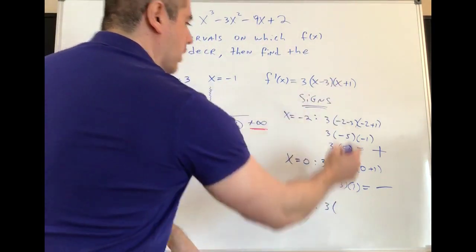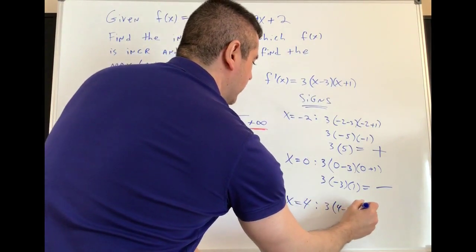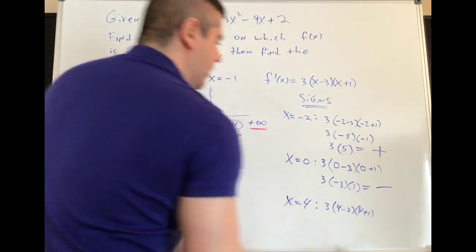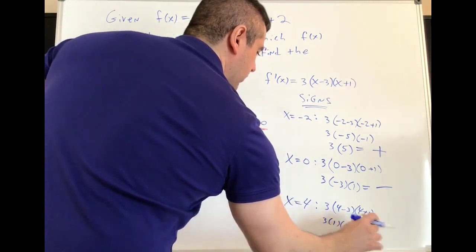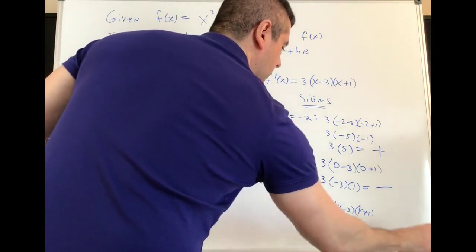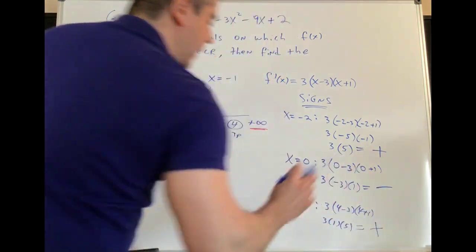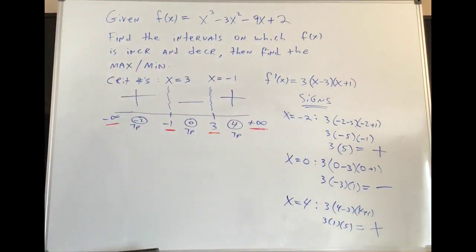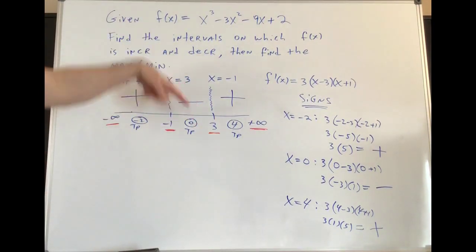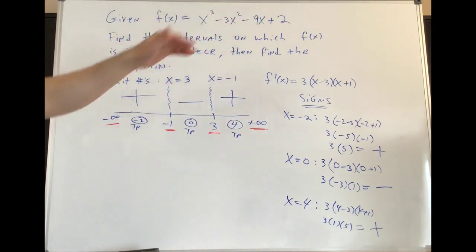I'm going to put 4 wherever x is. This gives me 3 times 1 times 5, which is 15 again. Do I care that it's 15? No. All I care about is the graph is positive there. So, increasing, decreasing, increasing. This was a roller coaster.